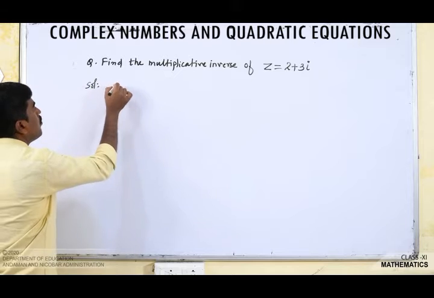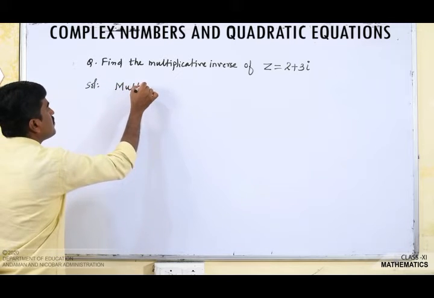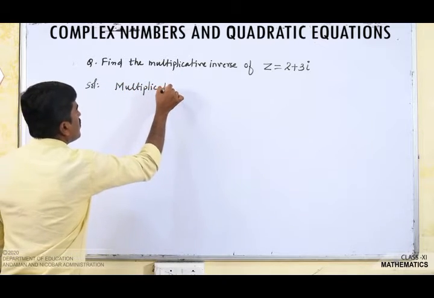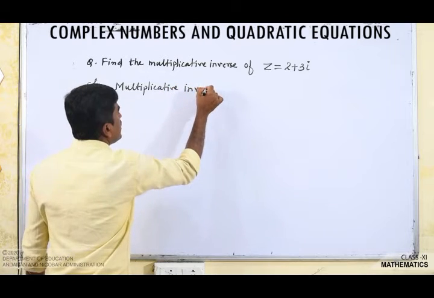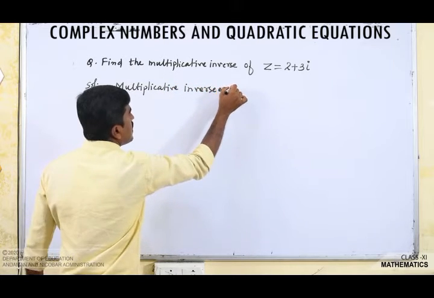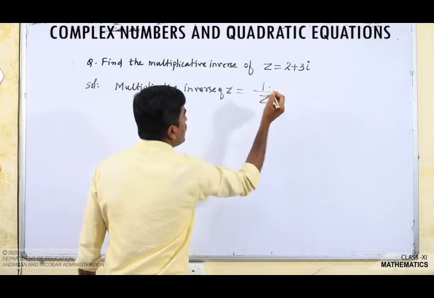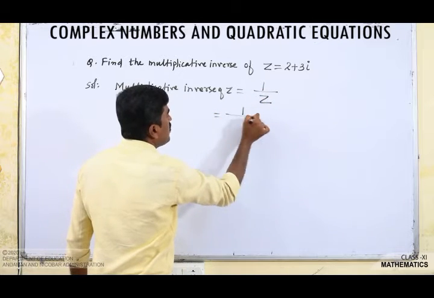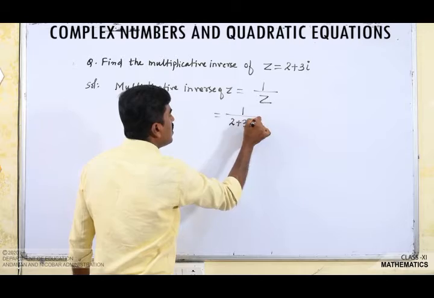Solution: multiplicative inverse of z, that is 1 by z, that we know. So we can write it as 1 by 2 plus 3i.